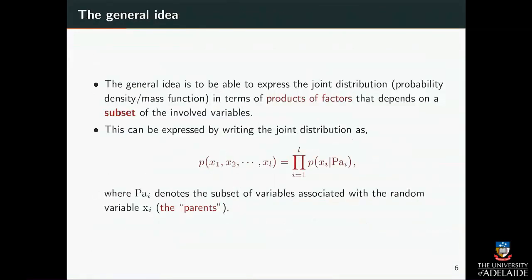And that's exactly what an expression like this is trying to express. PA stands for the parents. They are those that affect, influence the children, right? And so this is simply a way of indicating a subset of the random variables that are here. So each of the xi is conditionally independent of the remaining random variables given the parents.